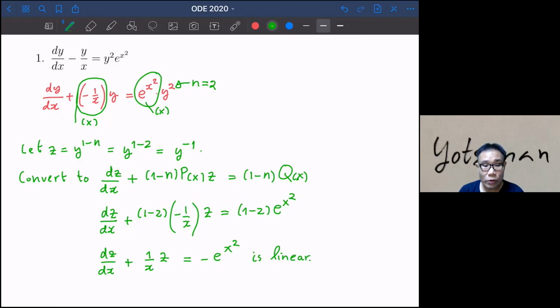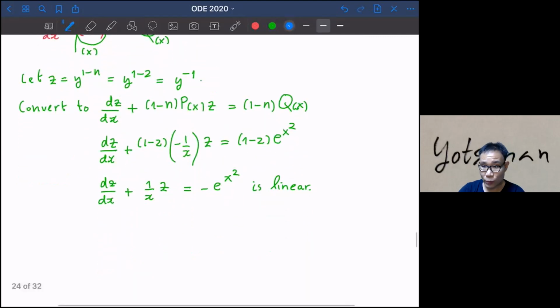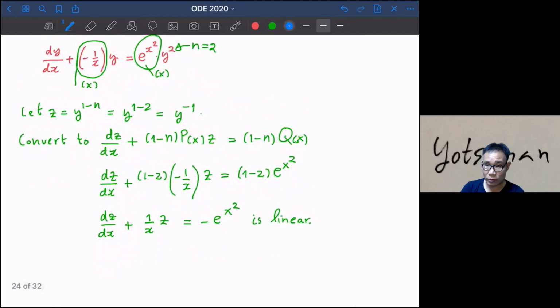And after you know that this is linear, you're going to identify the new P(x) and Q(x). Before, I had P(x) and Q(x) up there, but it's going to be the new P(x) and Q(x) for the linear equation, different from the above.